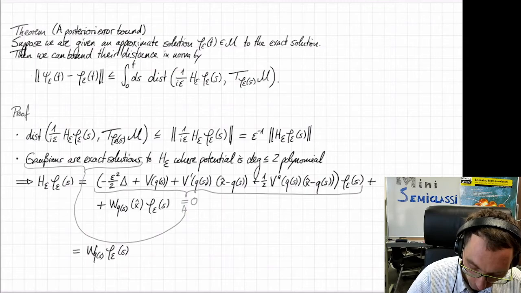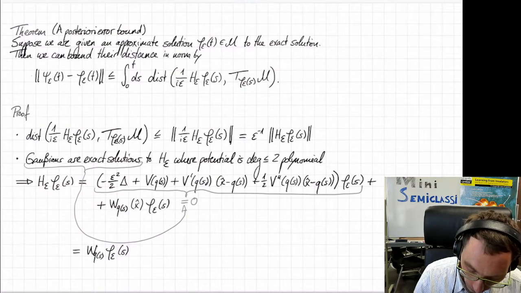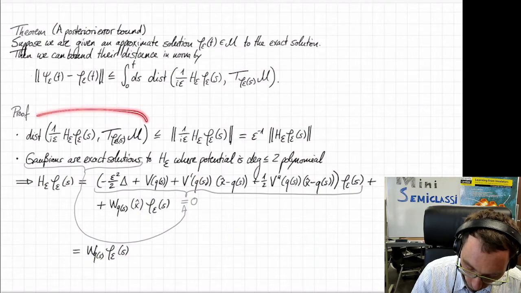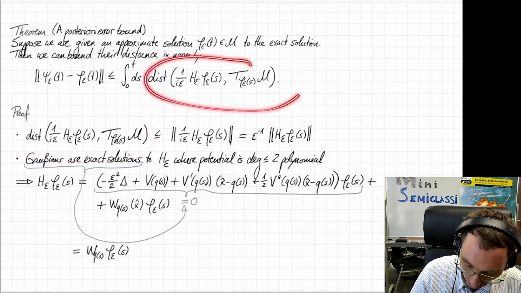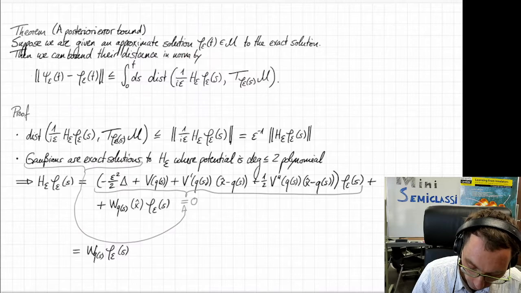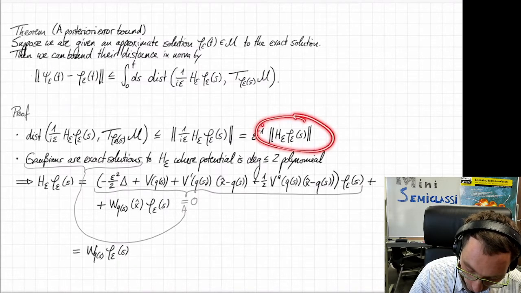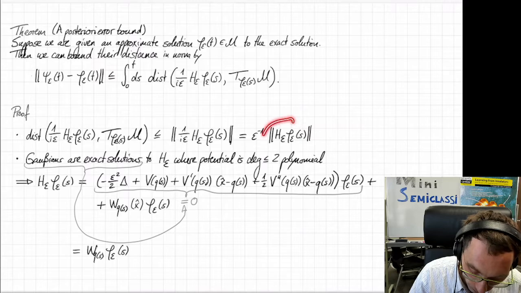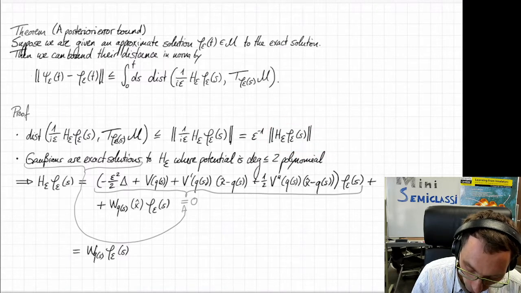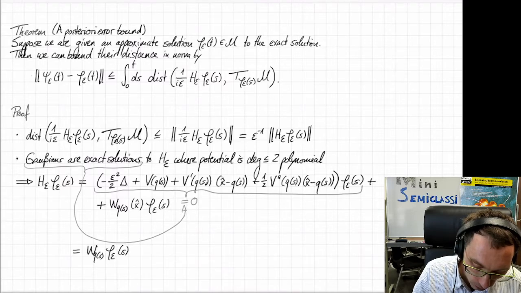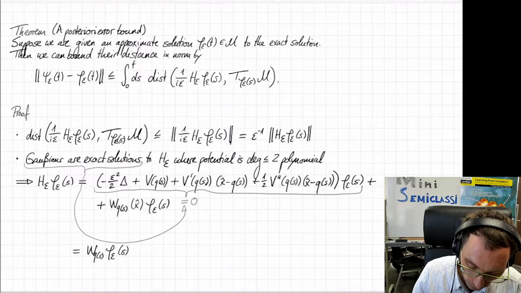So let's go quickly through it again. I made a very crude estimate for this distance that entered the a posteriori bound. So I just have the epsilon to the -1 times the norm of h epsilon phi epsilon of s. Then I'm using a suitable Taylor expansion of my polynomial, using the fact that Gaussians are exact solutions to potentials of degree less than or equal to 2.